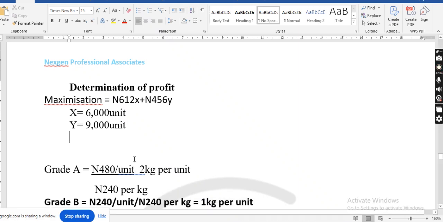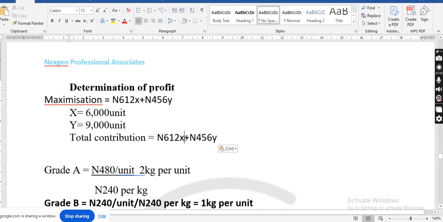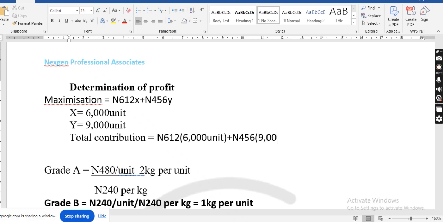So therefore, your total contribution will be equals to, bring your function and equate it. Anywhere you see X, you put the 6,000 units. Then this is 9,000 units. Then what is your total contribution?